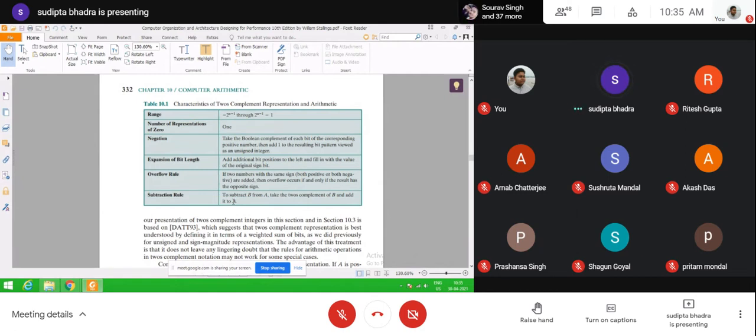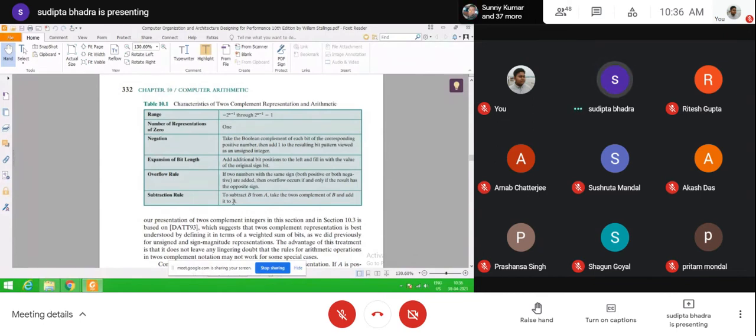Two's complement representation and arithmetic are very important because the ALU uses them.